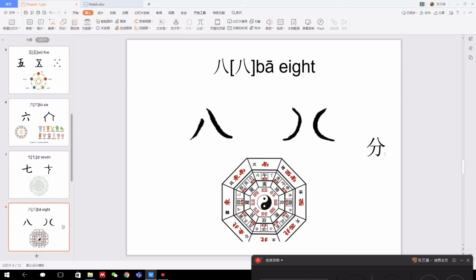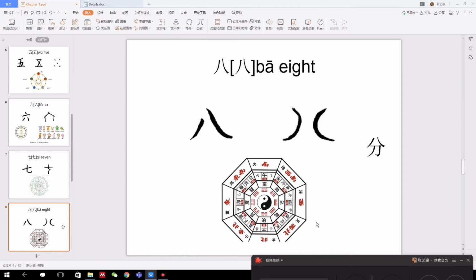And 8 also plays an important role in the ancient number philosophy because it is the double number of 4. In modern language, it is number 8.